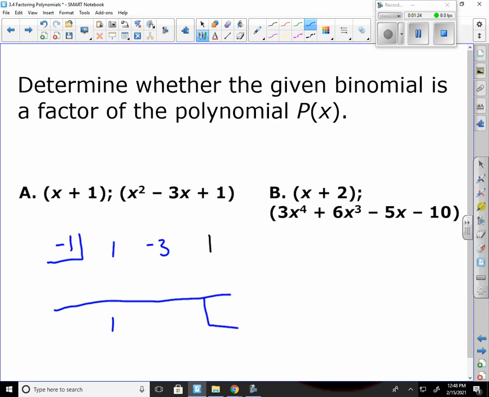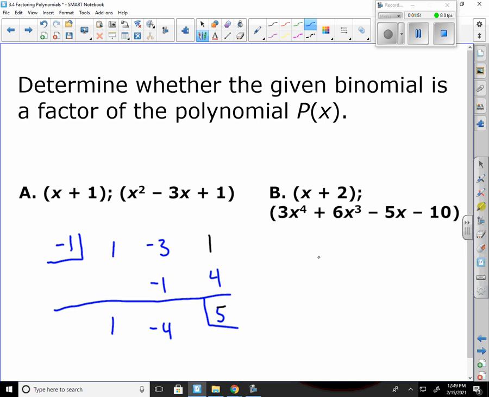And so I bring down my 1 first. -1 times 1 is -1. -3 minus 1 is -4. -1 times -4 gives me +4. And 1 plus 4 is 5. So I end up with the remainder here, which tells me that this is not a factor of that.